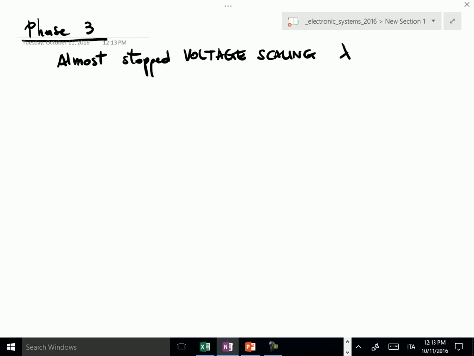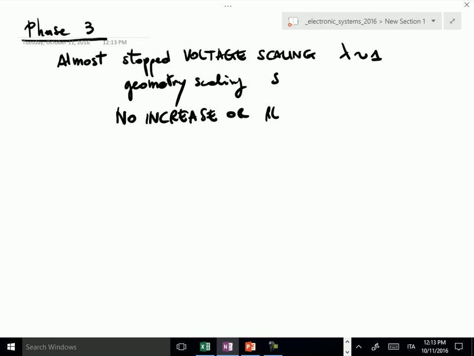So this lambda is, let's say, 1. It's not exactly 1, it's something like 1.1, but it's almost there, and therefore geometry scaling S, and then no increase or reduction of f clock.